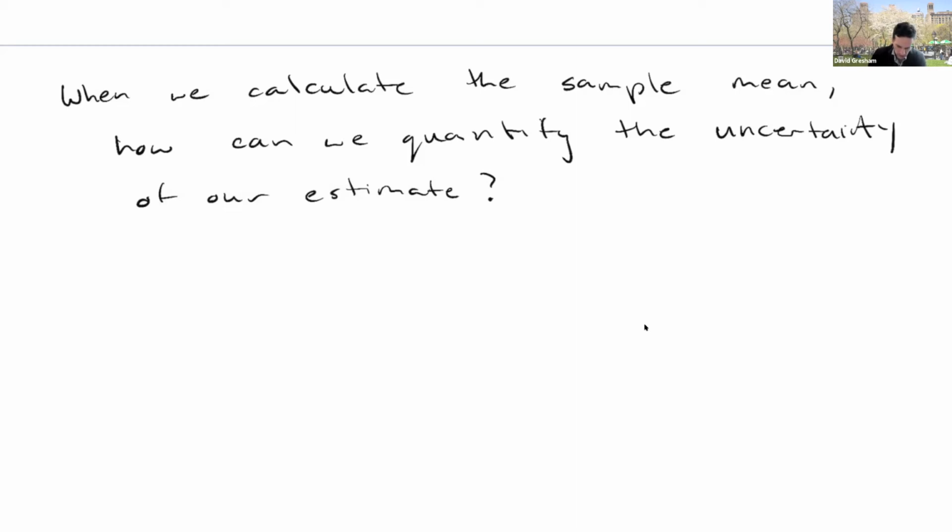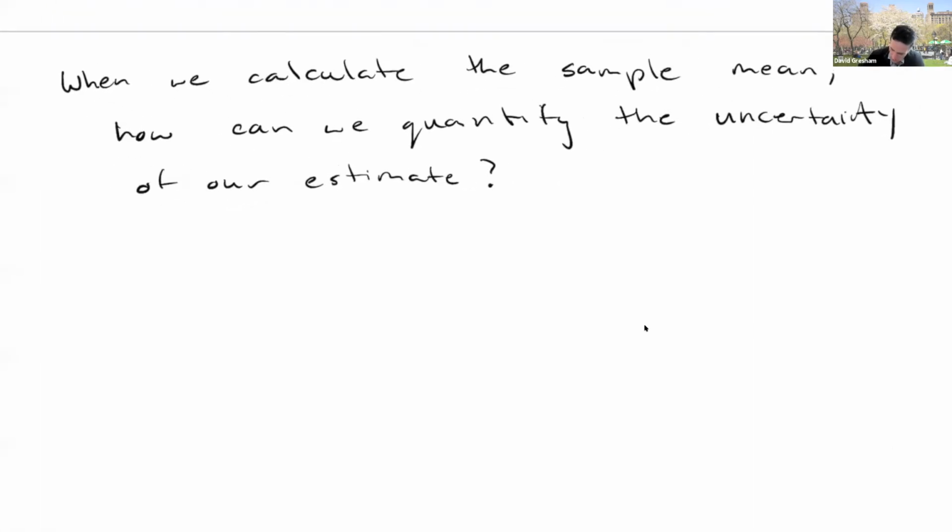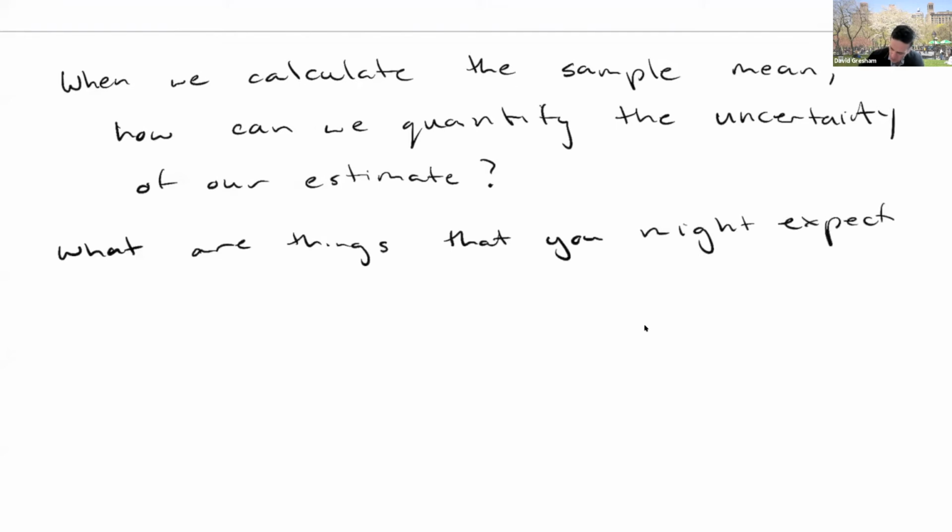Okay. And so the question then is, what are things, and this is the question that I asked you to address, what are things that you might expect will affect the uncertainty? The key things.